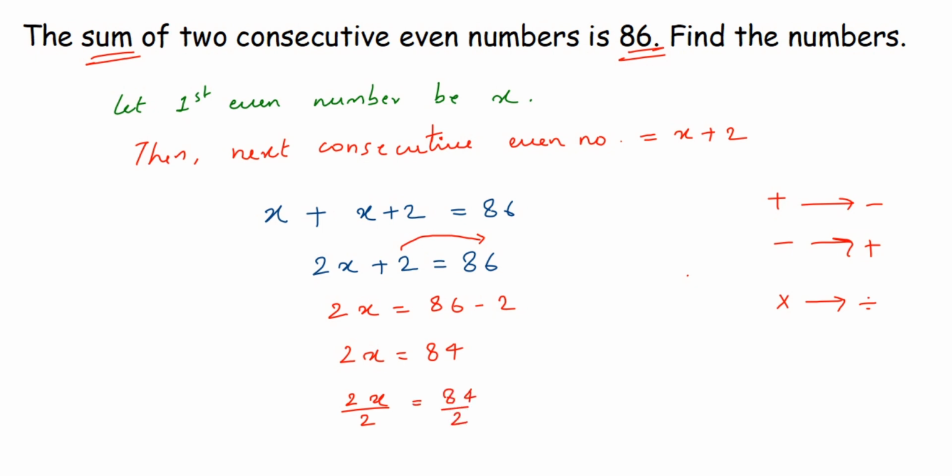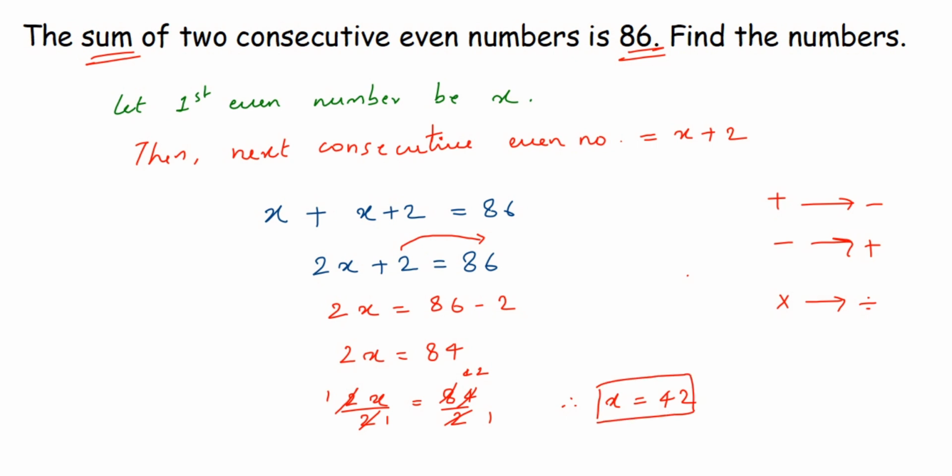So divide both sides by 2. The 2 will get cancelled on the left, and on the right side you can either cancel or divide. I'll use cancellation. 2 ones are 2, and I have 8 here, 2 fours are 8, and 2 twos are 4. I get 42. Therefore, the x value is 42.